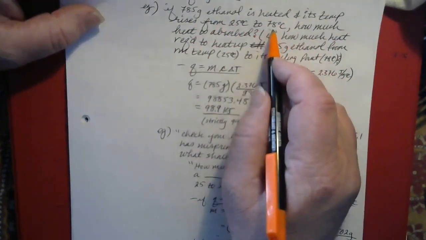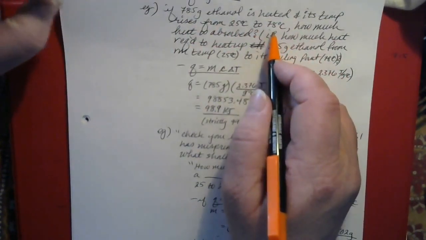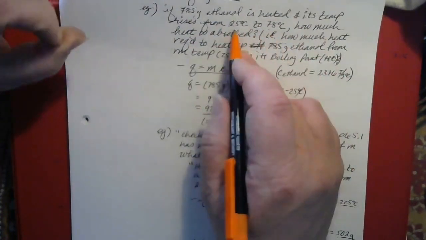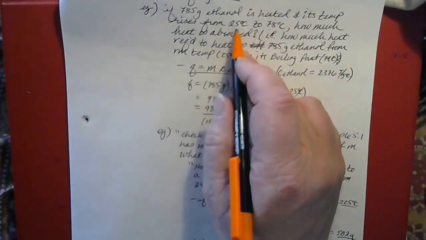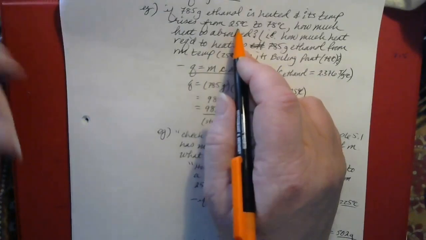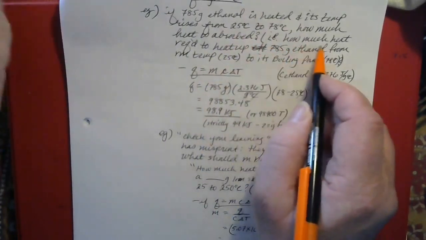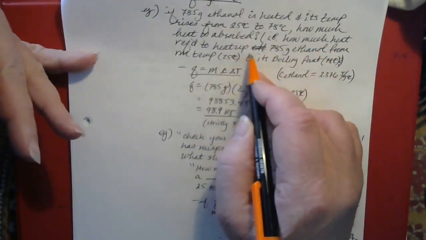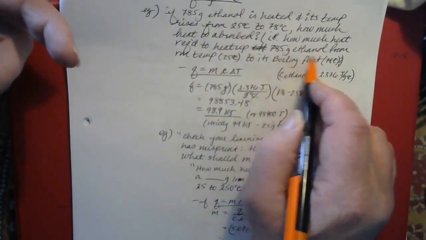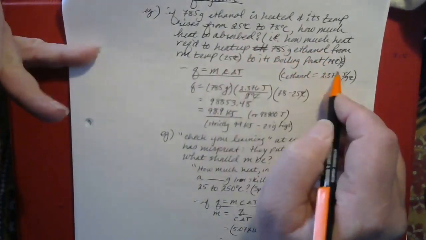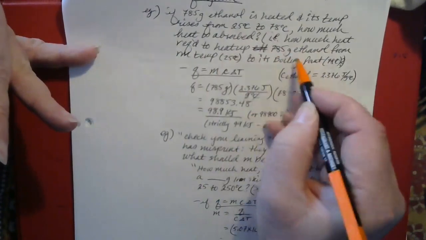And 78 degrees Celsius happens to be the boiling point of ethanol, and 25 degrees in chemistry is usually cited as being room temperature. So essentially what we're asking here is how much heat is required to heat up 785 grams of ethanol from room temperature to its boiling point. That would be another way of asking this question.